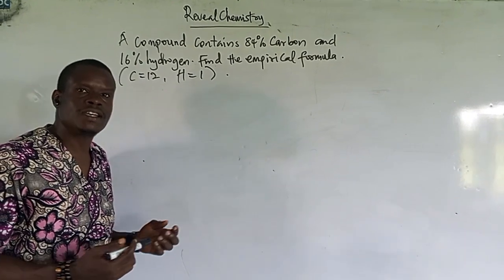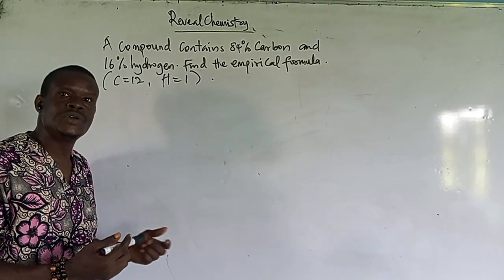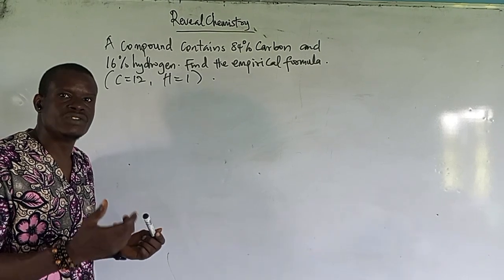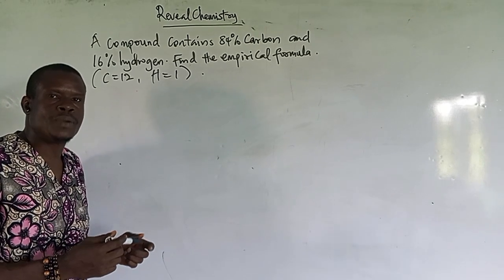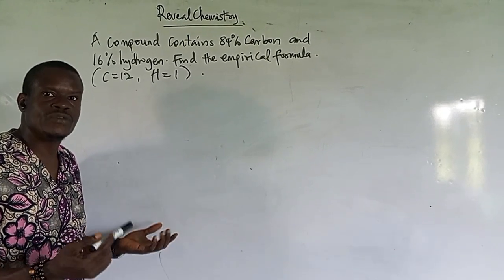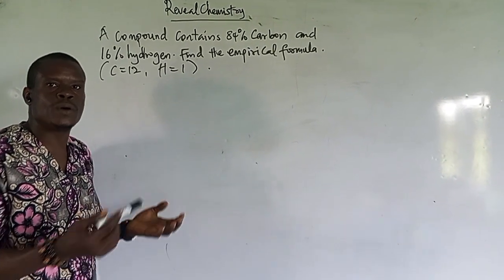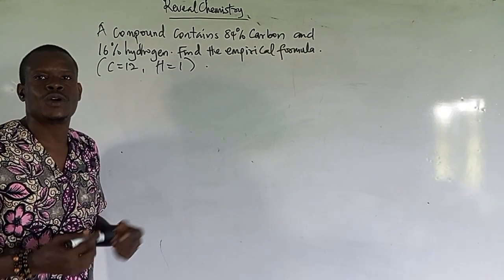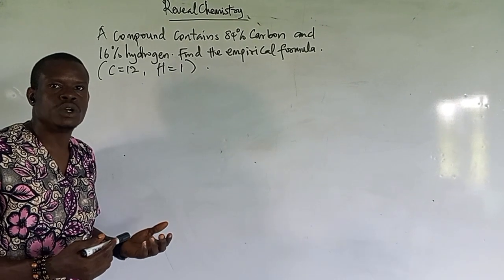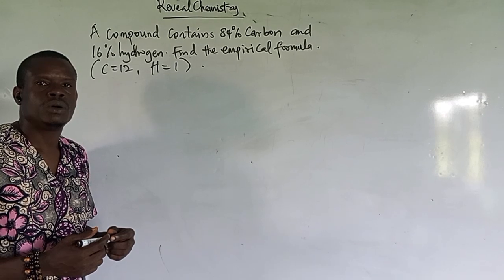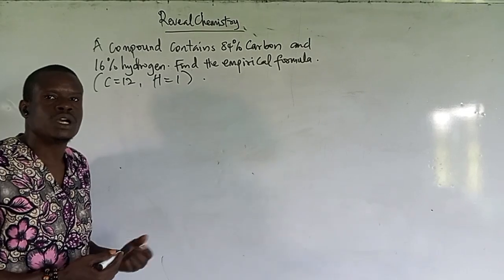Simply put, it's the simplest formula in chemistry, built on the ratios of elements in the compound. Remember we have done a video on what a compound is: a combination of two or more elements chemically combined together. So the empirical formula helps us apply the ratio of what is actually happening to the elements in that particular compound.